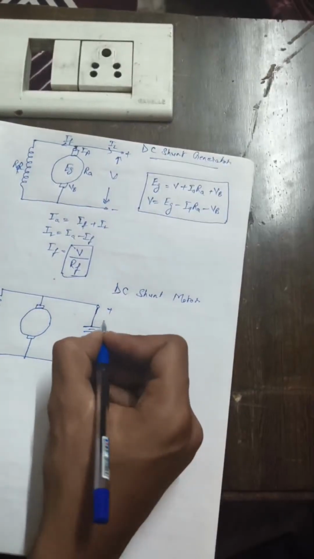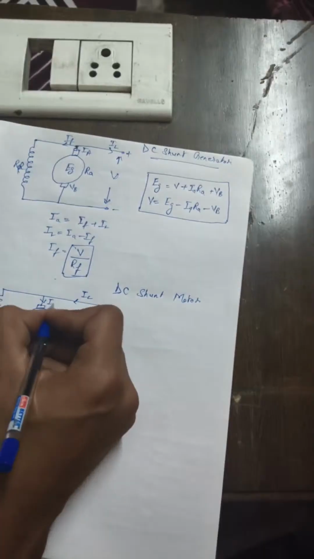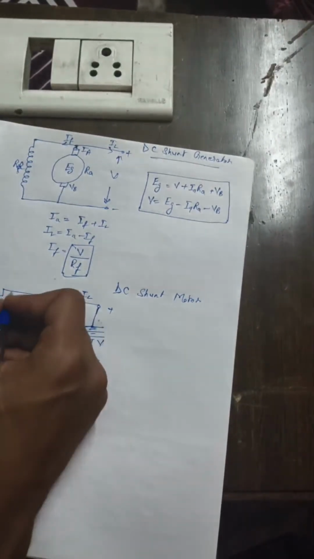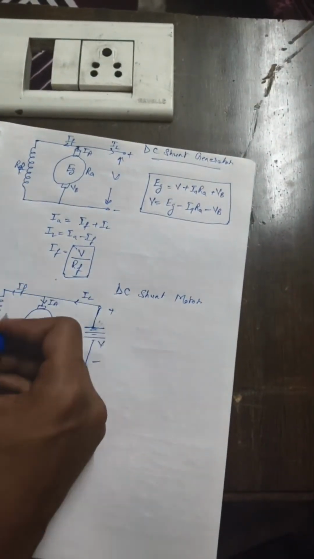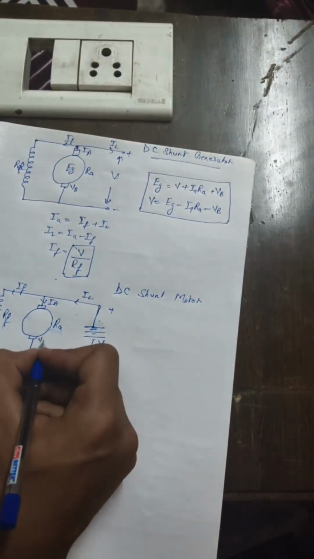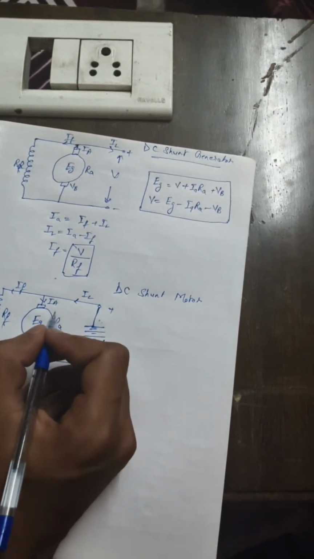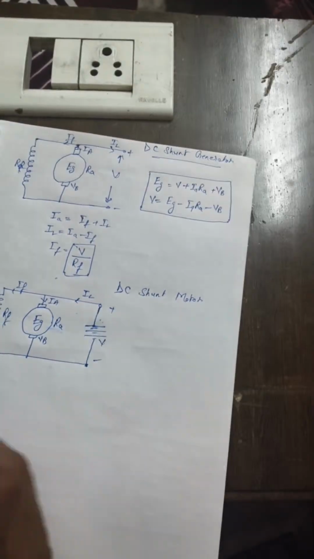Terminal voltage V, current IL, Ia through the armature, IF through the field, Rf the field resistance, Ra the armature resistance, brush drop VB, and generated voltage, or say back EMF, Eg.